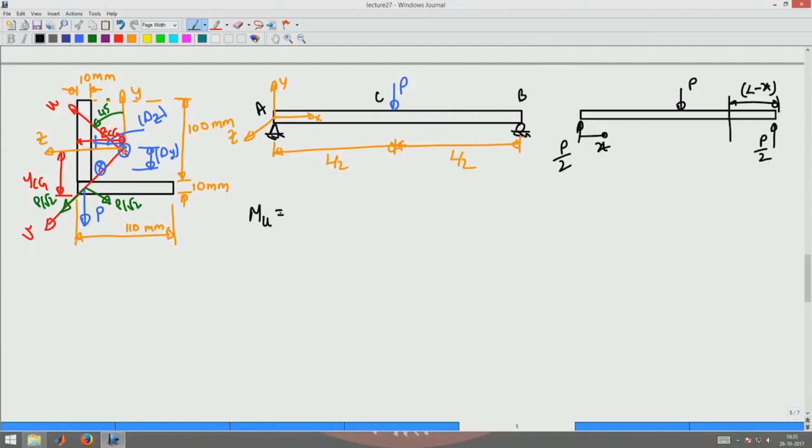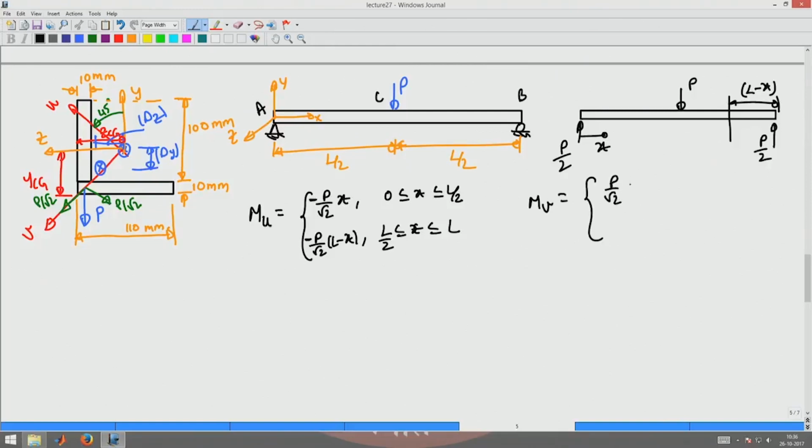Mu is given by P by root 2 into x for 0 less than x less than L by 2, and it will be given by P by root 2 into L minus x for L by 2 less than x less than L. Similarly, moment Mv is given by P by root 2 into x for 0 less than x less than L by 2, minus P by root 2 into L minus x for L by 2 less than x less than L. Now let's see how I got the Mu moment.